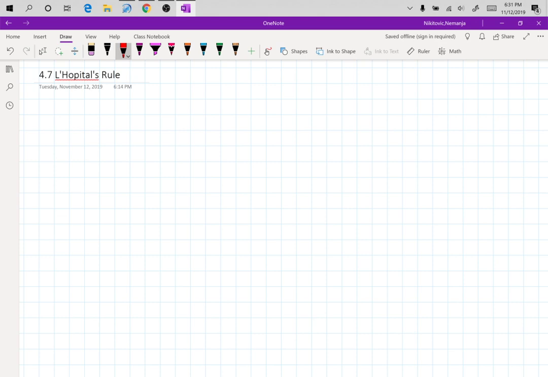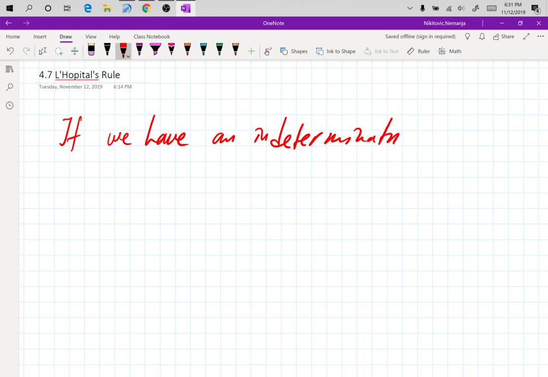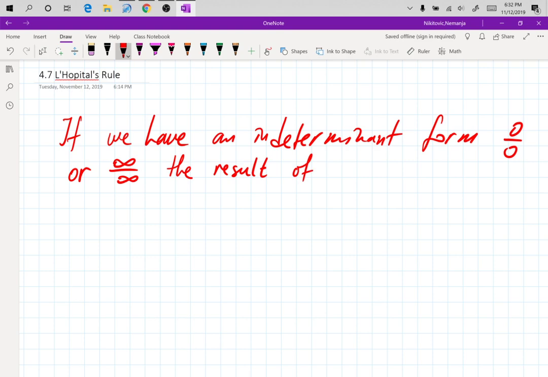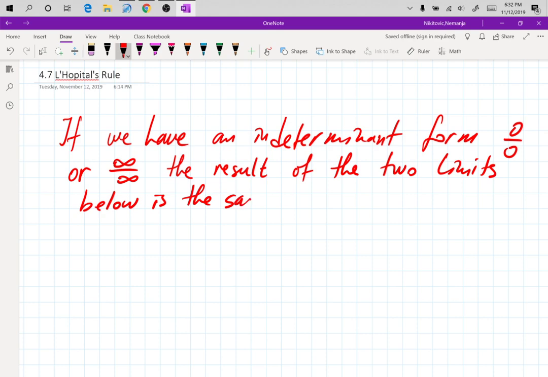So, if we have an indeterminate form, 0 over 0 or infinity over infinity, the result of the two limits below is the same.